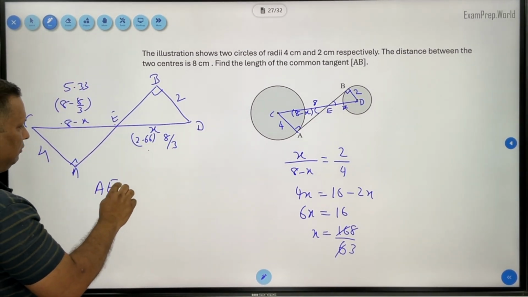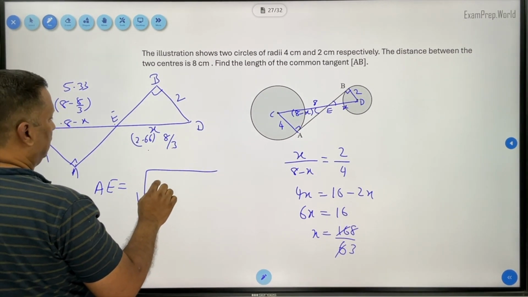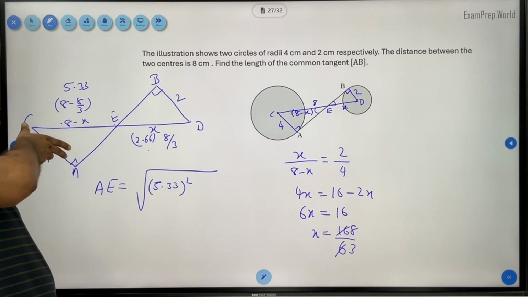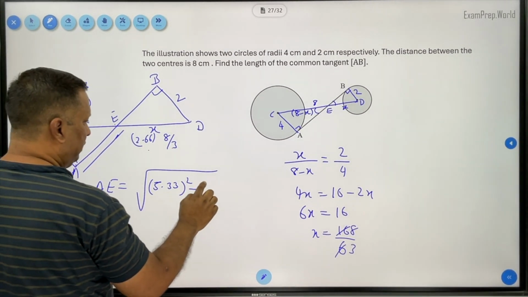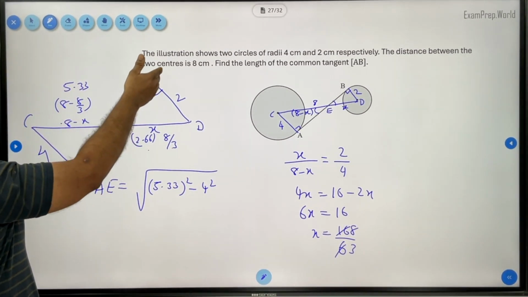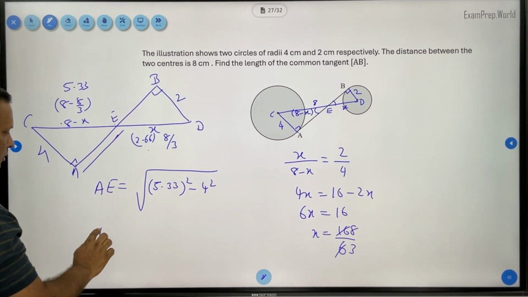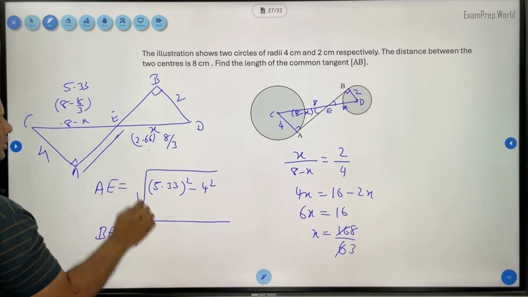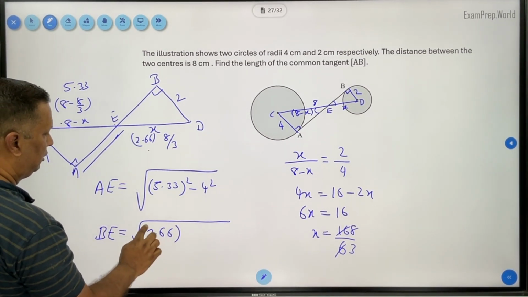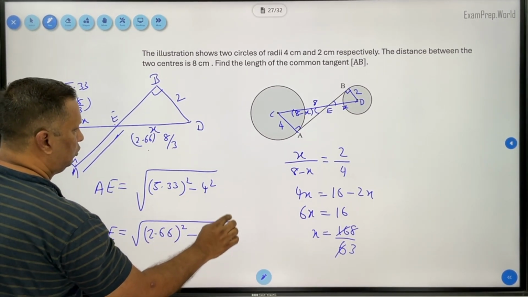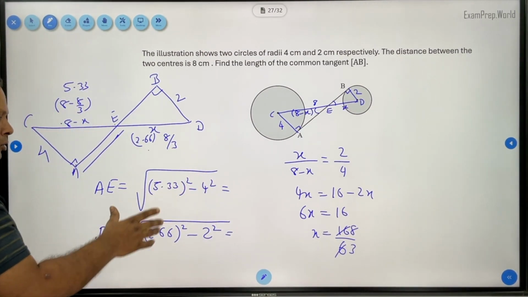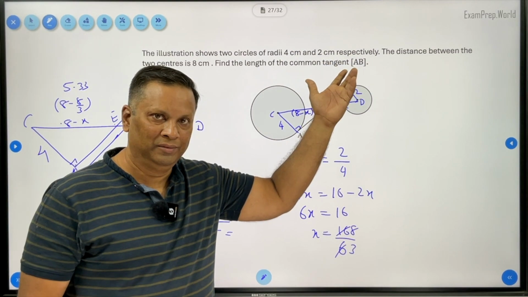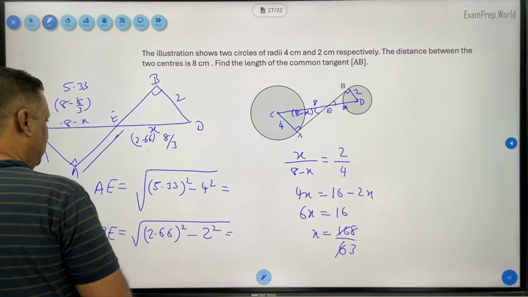So AE will be equal to root of 5.33 square minus 4 square, which will give you this side. And then similarly BE will be equal to root of 2.66 whole square minus 2 square. So we get two values, we add them to get the length of AB. That's it. So let's go ahead and do this.